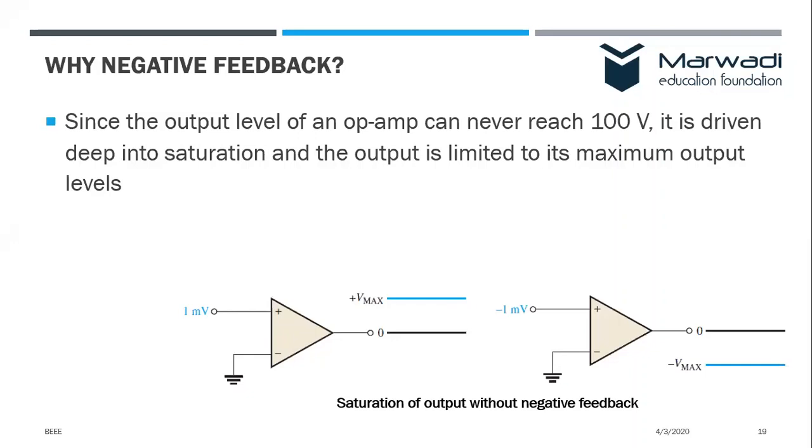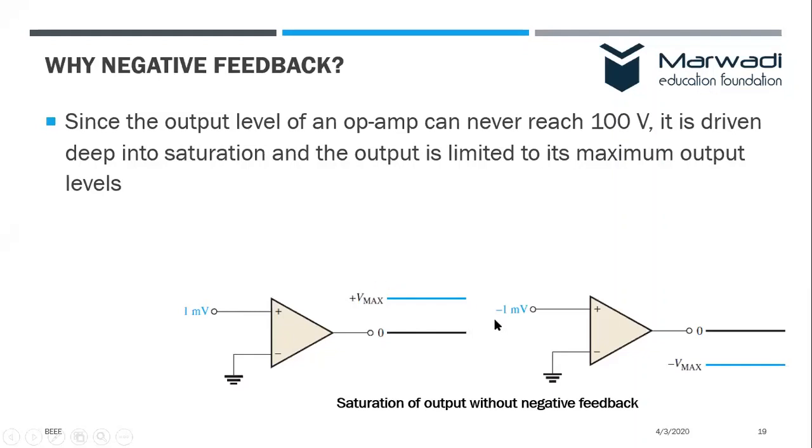Similarly here in an operational amplifier, we have a maximum limit of output voltage, and that is decided by the positive and negative supply that we provide. So here, if you provide 1 millivolt, which is positive, then the output will be plus V maximum.